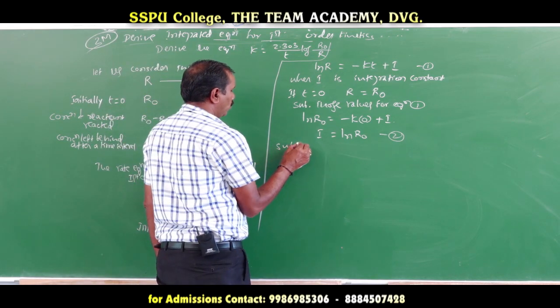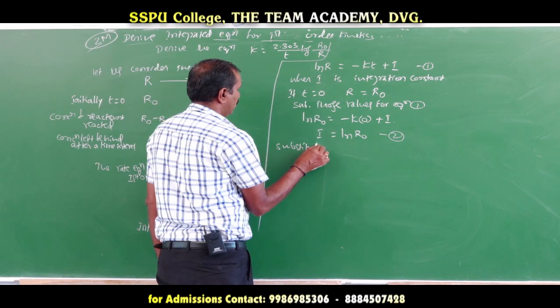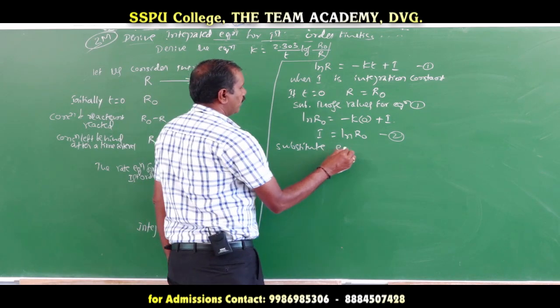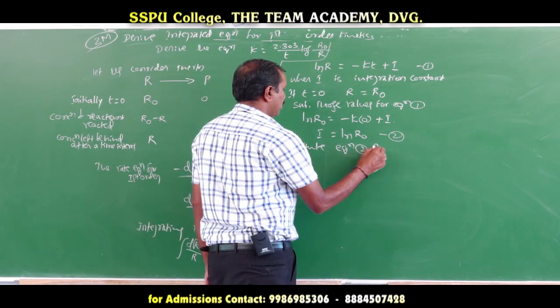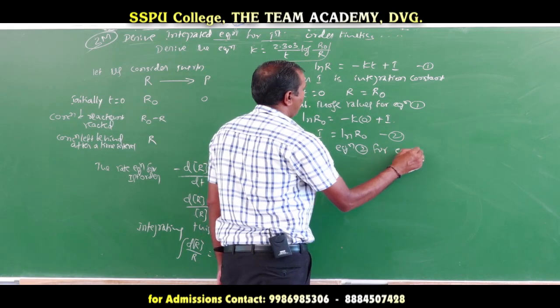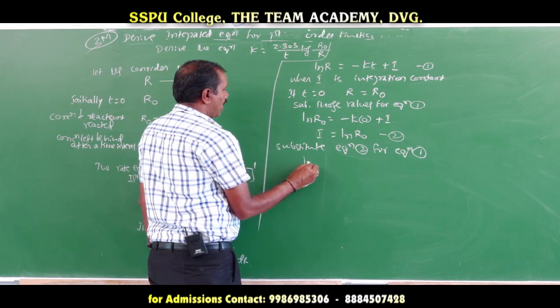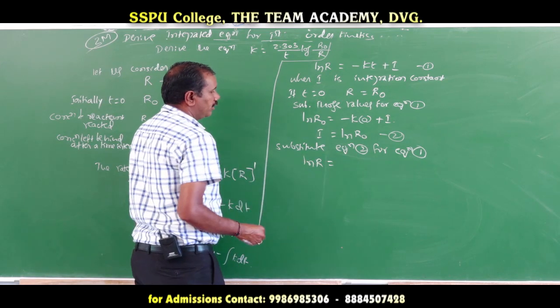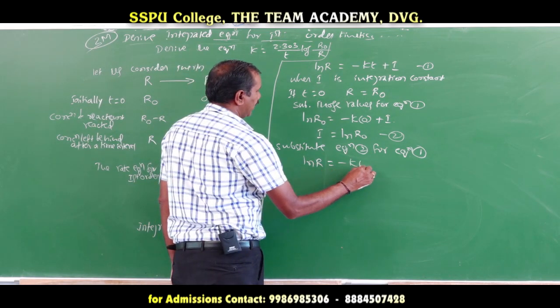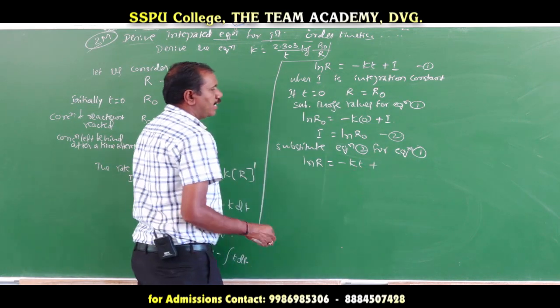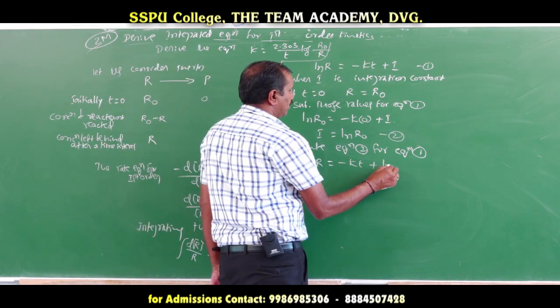Substitute equation 2 into equation 1. ln R equals minus kt plus I, and the value of I is ln R naught.